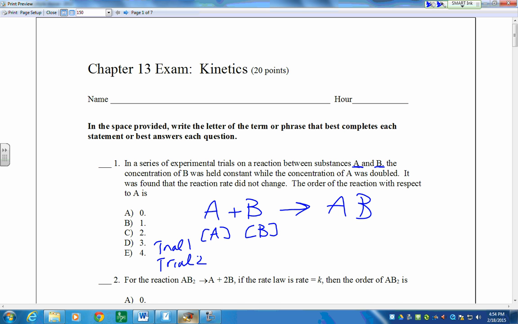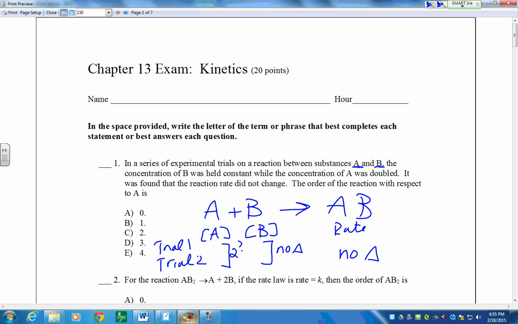The concentration of B was held constant, so between trial 1 and 2, there was no change. And between trial 1 and 2, let's say the concentration of A doubled. Then it says it was found that the reaction rate did not change. So the rate had no change.